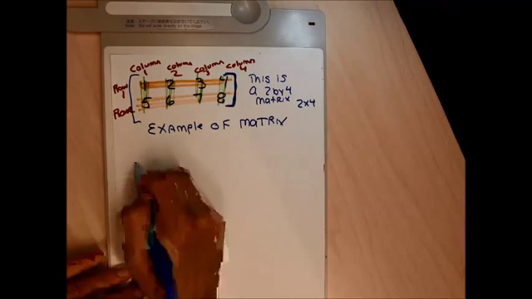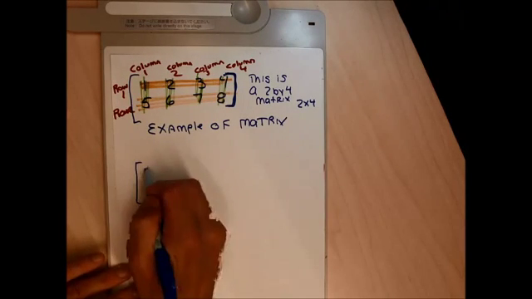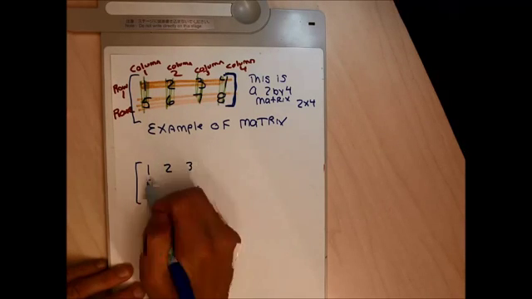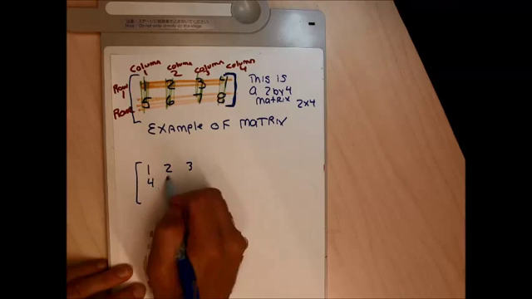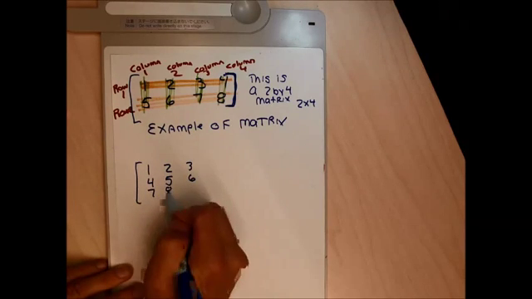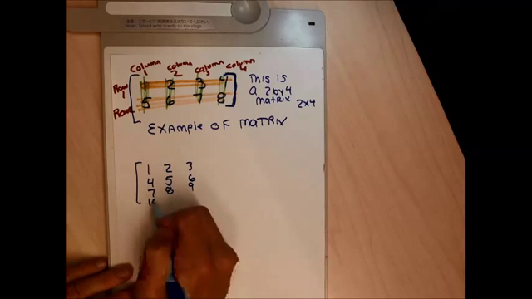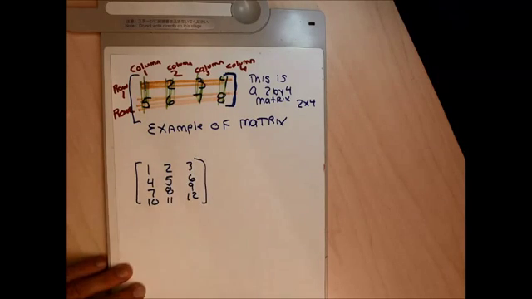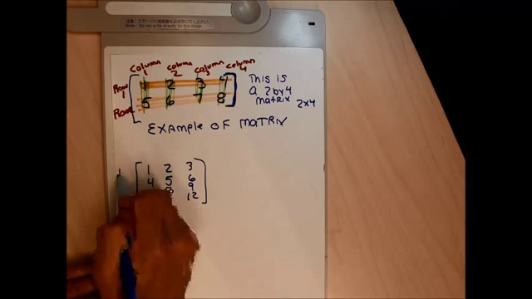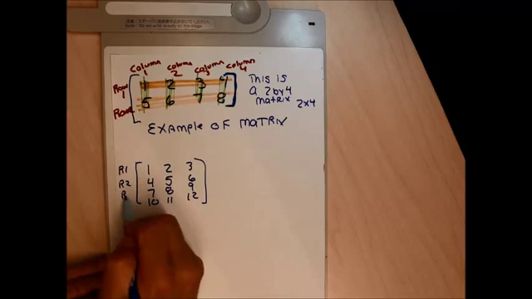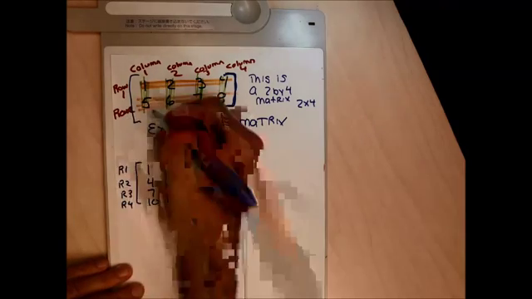Here's another matrix. This matrix has 4 rows: row 1, row 2, row 3, and row 4, and 3 columns.